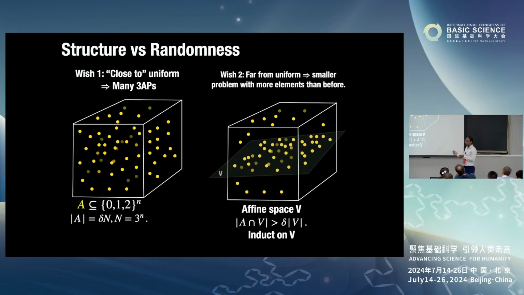You measure the size of this affine space by looking at the codimension. How many constraints do I need to add to get this density increment? Okay. So this is called density increment, increasing the relative fraction of elements that you start with. So either you're close to uniform, or there is an increment. That's the dichotomy that we are shooting for.